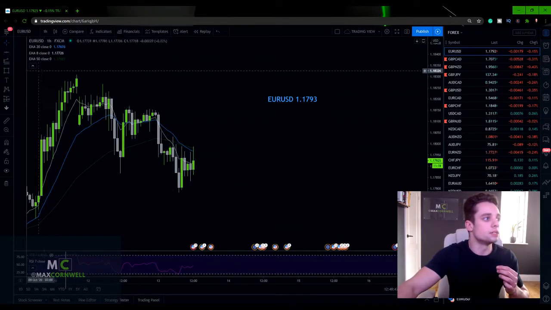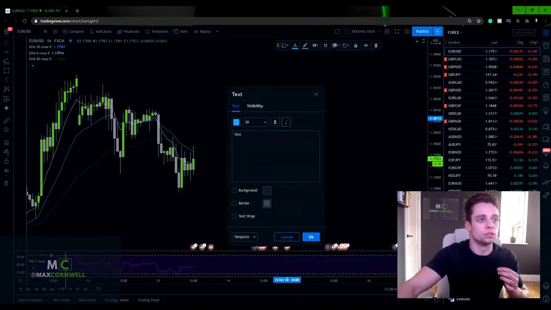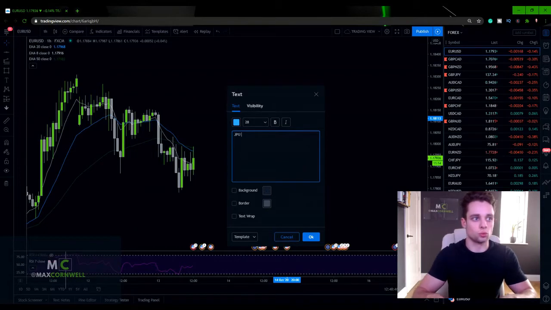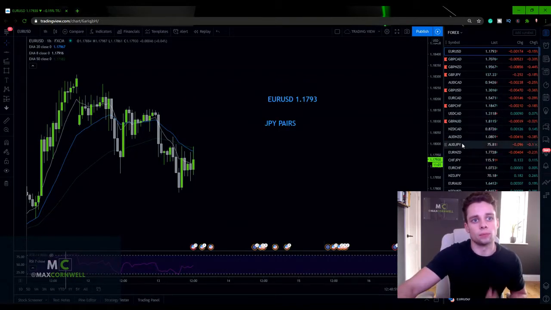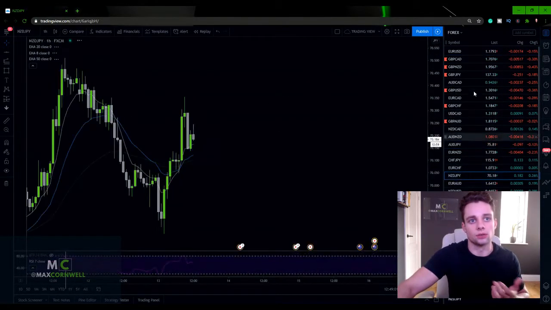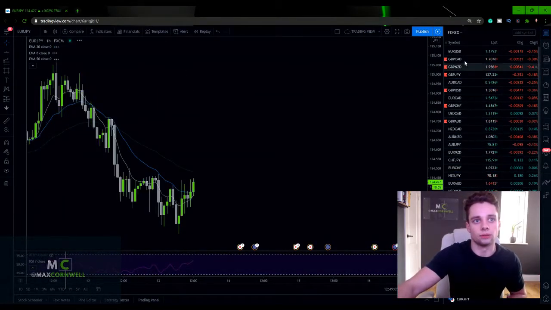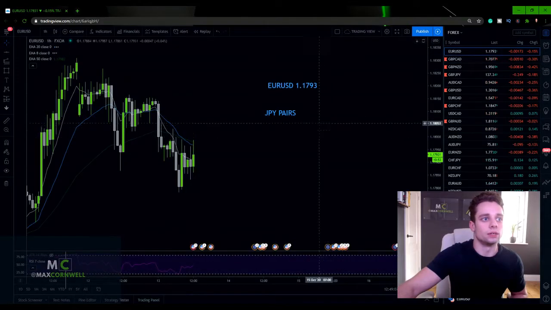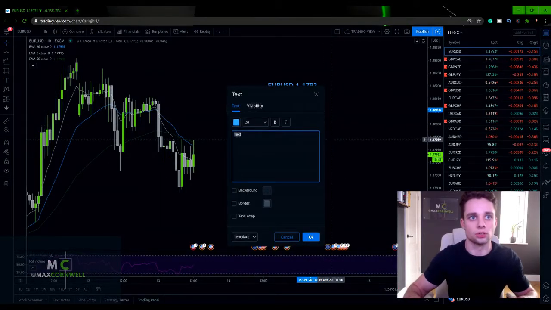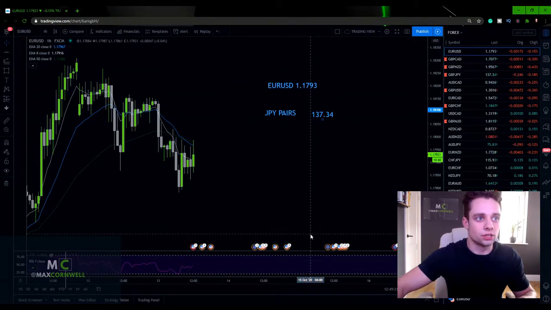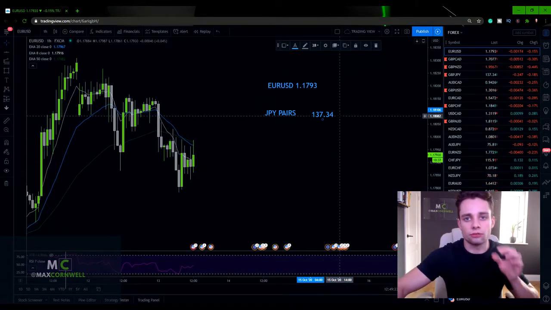Now the Japanese yen pairs will be quoted to 2 decimal places. So this is all yen pairs, like the Aussie yen, New Zealand yen, pound yen, euro yen. Anything with the yen in it is going to be quoted like this. If we just take the pound yen, for example, 137.34, and again there is another number on the end, but it's a fractional pip.